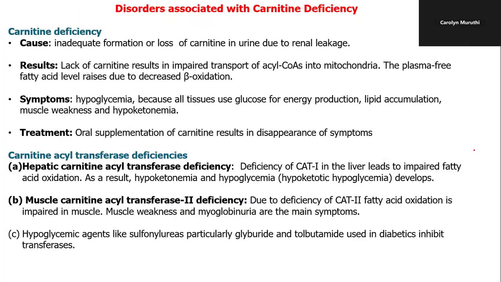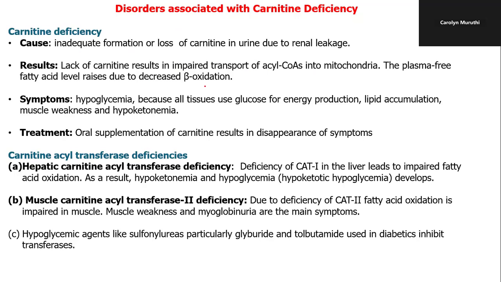It is important to mention some disorders associated with carnitine deficiency. The first disorder is a result of inadequate formation or loss of carnitine. And this will impair the transportation of acyl-CoAs into the mitochondria, and therefore decrease beta-oxidation.